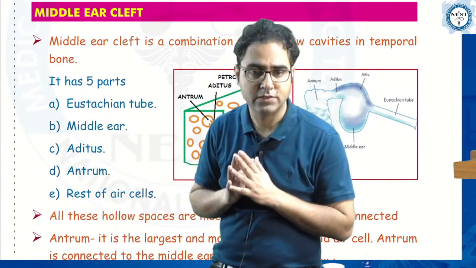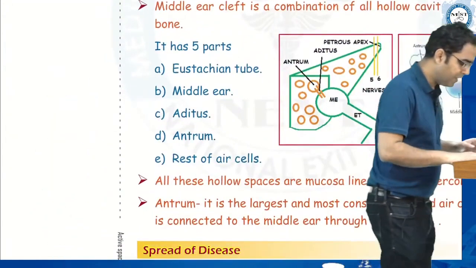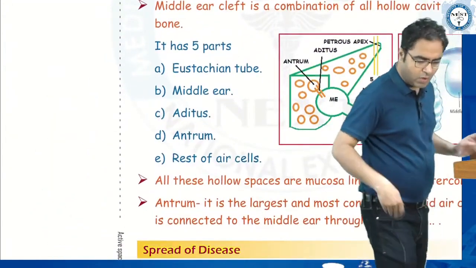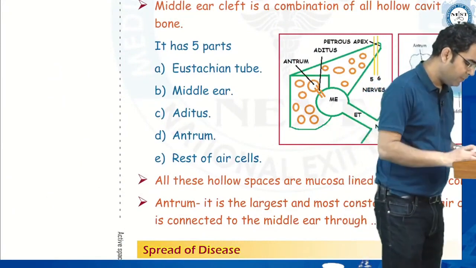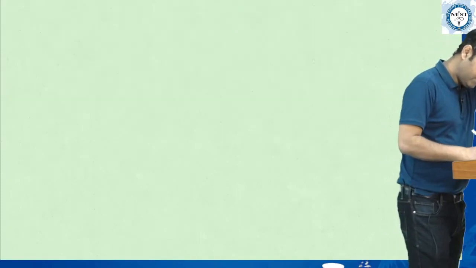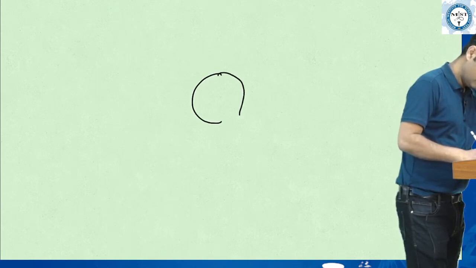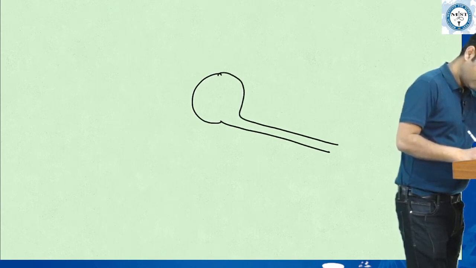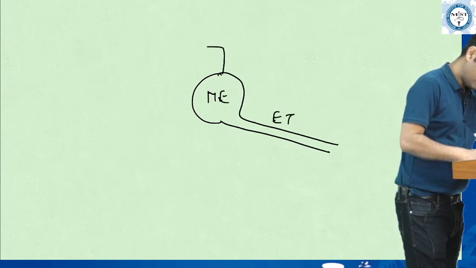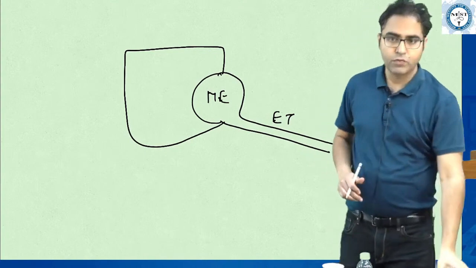Let's understand it. Everybody draw a diagram with me, beta. You can draw a small diagram here. This is your middle ear, eustachian tube, mastoid. We are drawing the temporal bone.